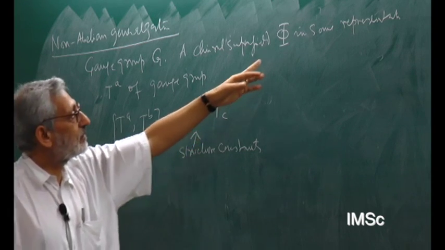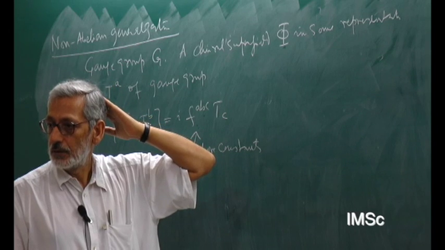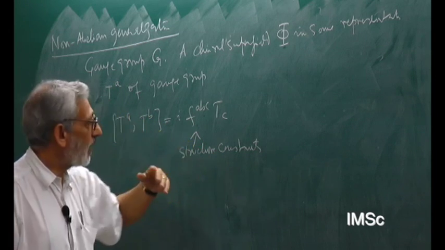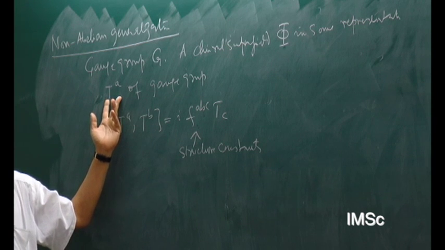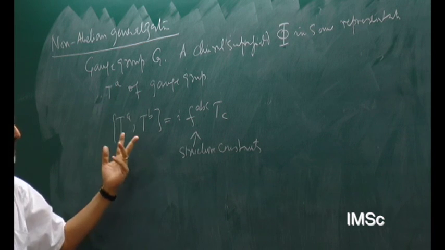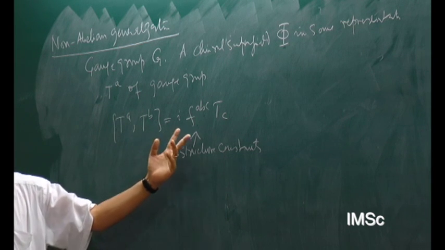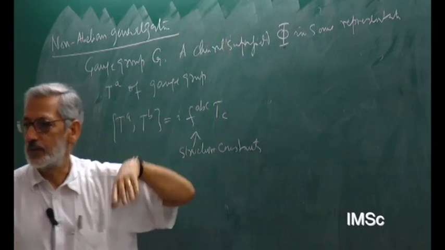Or if you have an SU(2) and you take Phi to be in its triplet representation, then you would have a corresponding set of generators, 3 cross 3 matrices, 3 of them, A will run from 1 up to 3, that's the dimension of the group SU(2). So 3 cross 3 matrices, and those will satisfy this algebra. Or you could have any arbitrary representation.